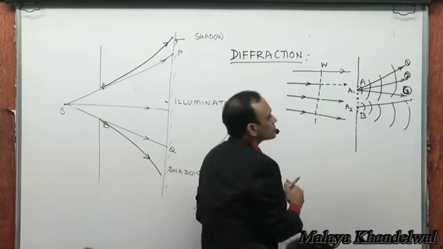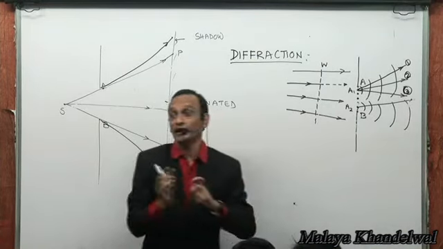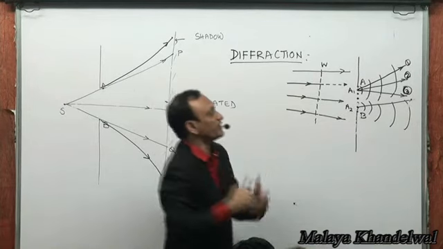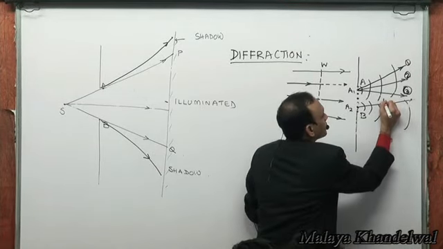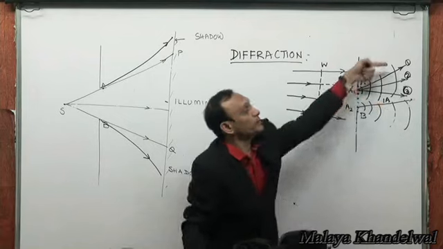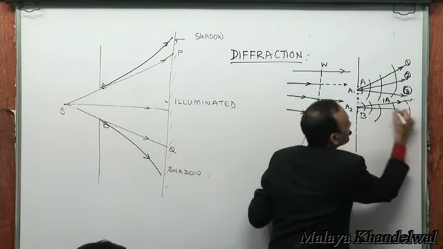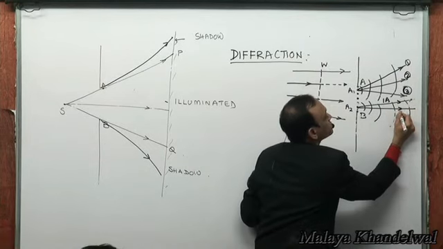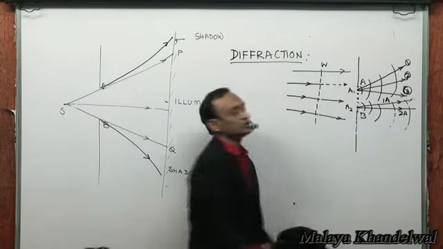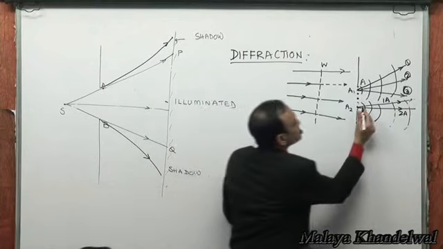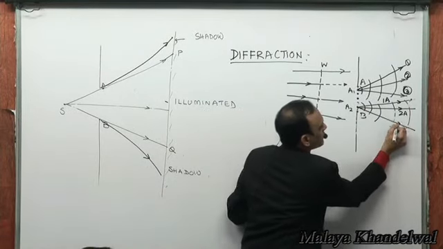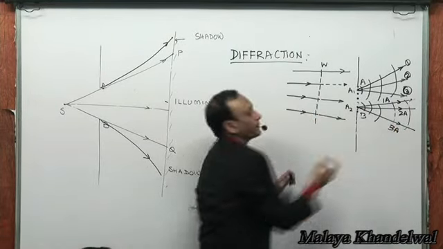Similarly, A2 will also produce a ray, call it 1A, which will be parallel to 1, right? It will produce a ray, say call it 2A, which will be parallel to 2. It will also produce a ray which is parallel to 3, call it 3A.